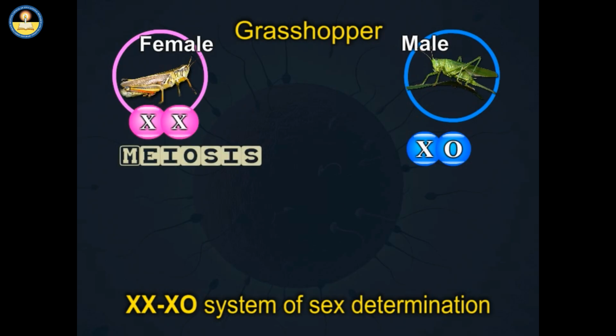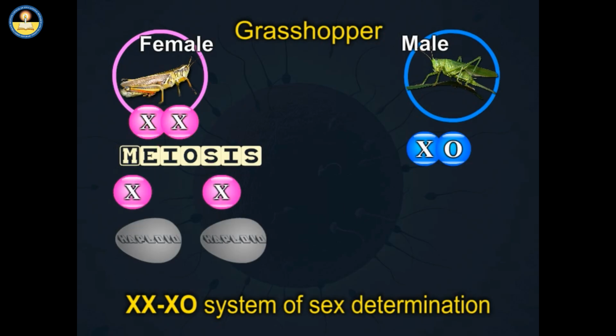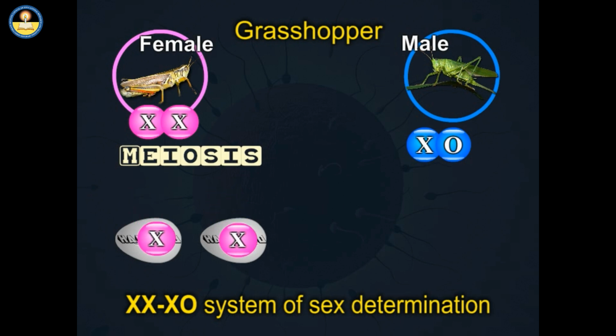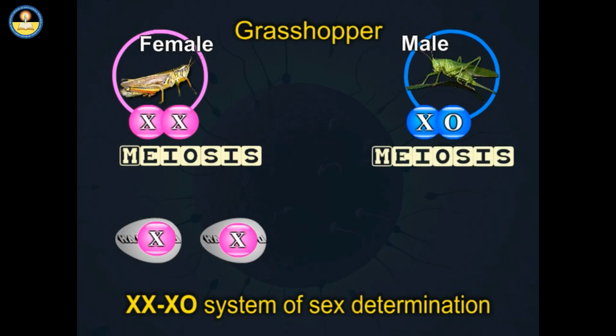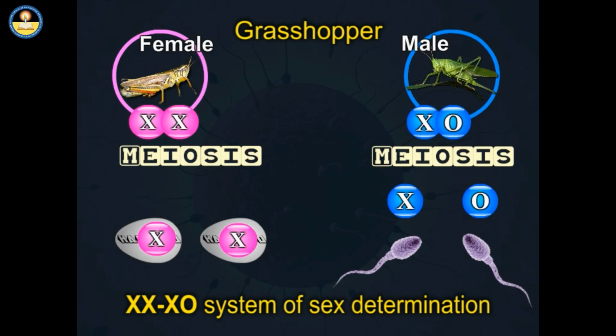During meiosis in females, the 2 X chromosomes pair and then separate with 1 X chromosome entering each haploid egg. In males, the single X chromosome segregates in meiosis to half the sperm cells. The other half receives no sex chromosome.